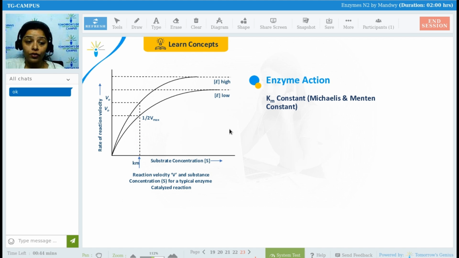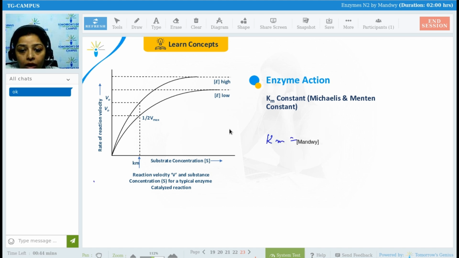So the value of the Km constant should be lower for the enzyme, at half of the rate of reaction. So what will be the value of Km? Half of the maximum velocity.